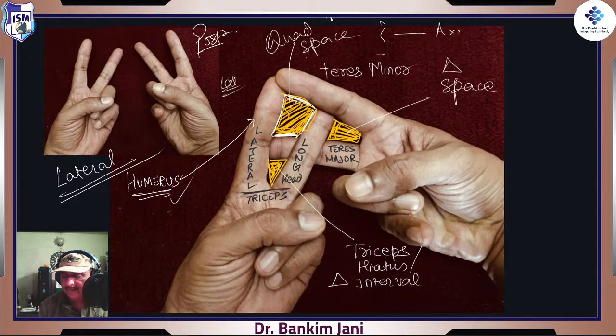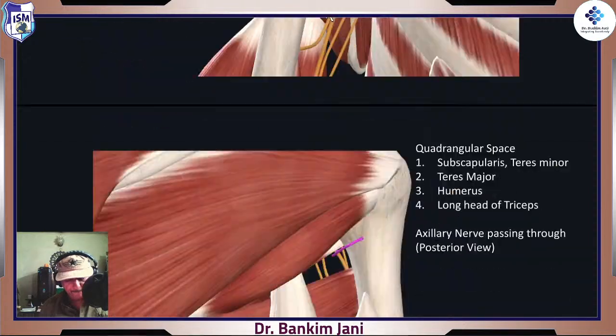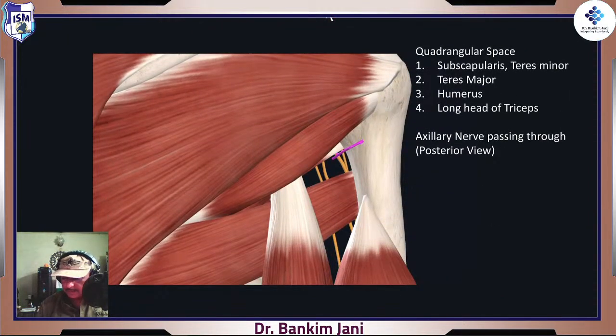Well, axillary nerve along with posterior circumflex humeral artery. True? Okay. So quadrangular space, right? Axillary nerve passing through, and this is the posterior view. How we see the posterior view.